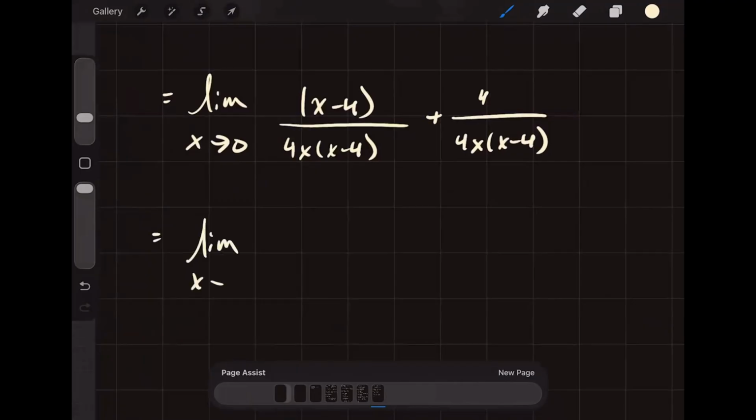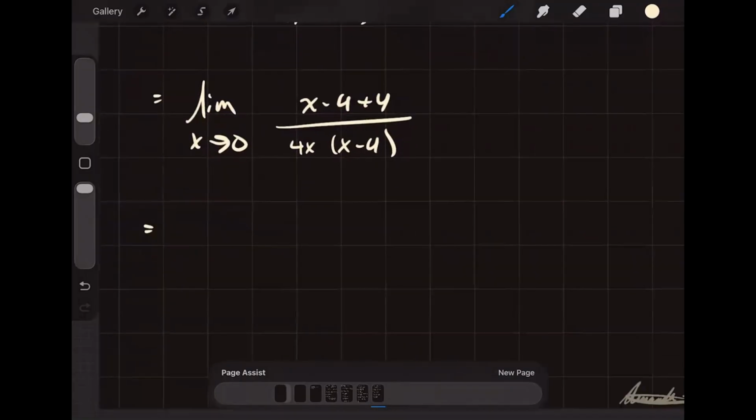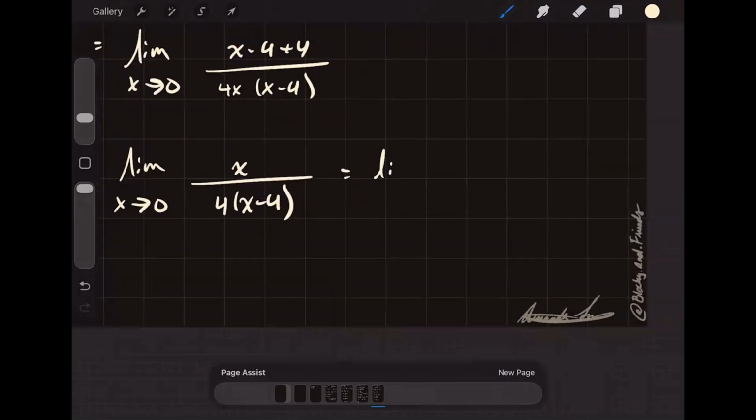Limit as x approaches 0. Let's combine some terms: x minus 4 plus 4 all over 4x times x minus 4. That gives the limit as x approaches 0 of x all over 4x times x minus 4.